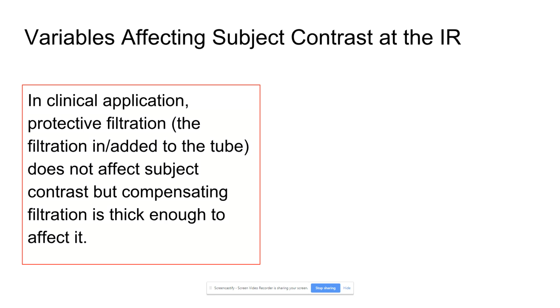So you're saying that the effective filtration doesn't affect it, but the compensating? Compensating, yeah. There's a distinction, thanks. Sometimes I just look at my slide and don't read everything that's there. There's a distinction between a compensating filter. Remember, the filter that's in the tube only affects the primary beam. The compensating filter is designed to allow portions of the radiation to go through, more where you need it, less where the object thickness is lower, where you don't need it.